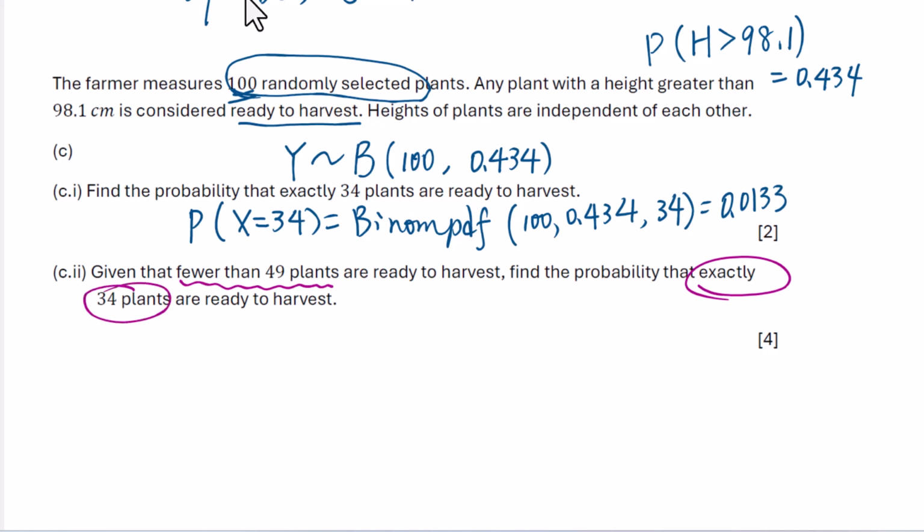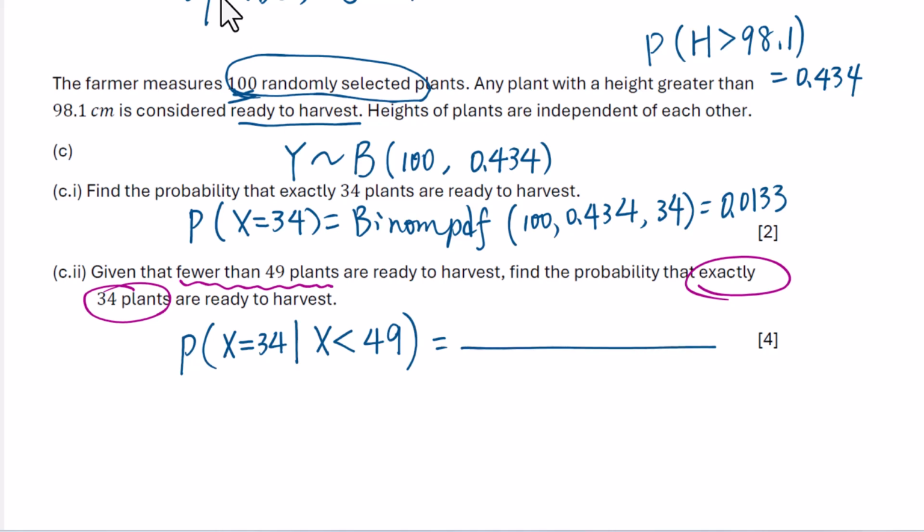C2. Given that fewer than 49 plants are ready to harvest, find the probability that exactly 34 plants are ready to harvest. This is a conditional probability. Probability of X equals 34 given that X less than 49 equals. Use the definition of conditional probability in the booklet.